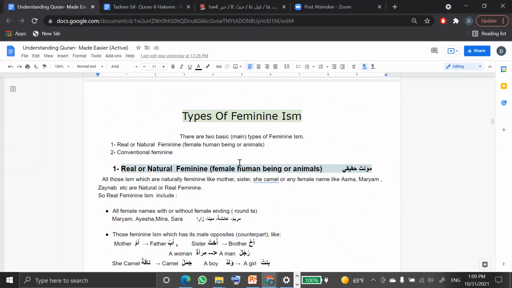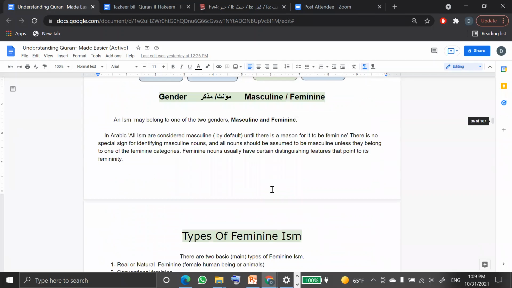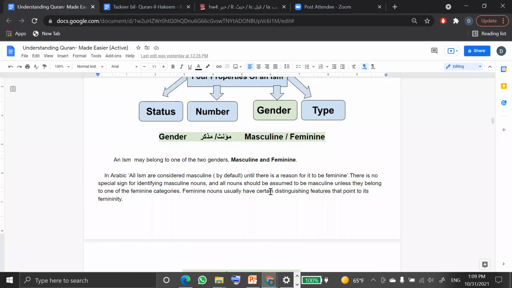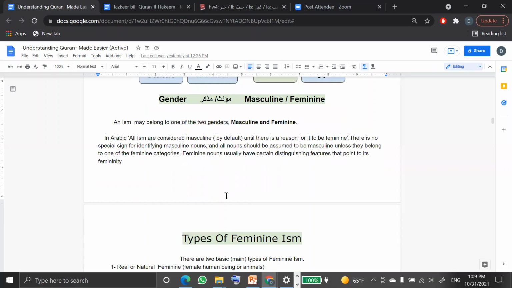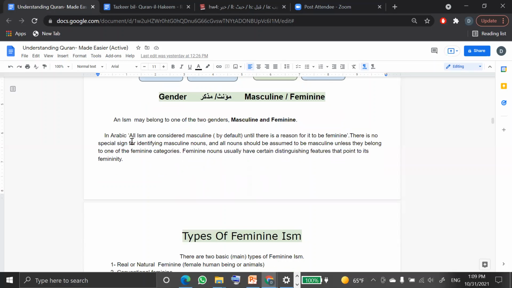So today, how can we recognize, if we see an ism anywhere in the book or in the ayat of the Quran Pak, whether it's a feminine ism or a masculine ism? In Arabic, all isms are considered masculine by default until there is a reason for it to be feminine.